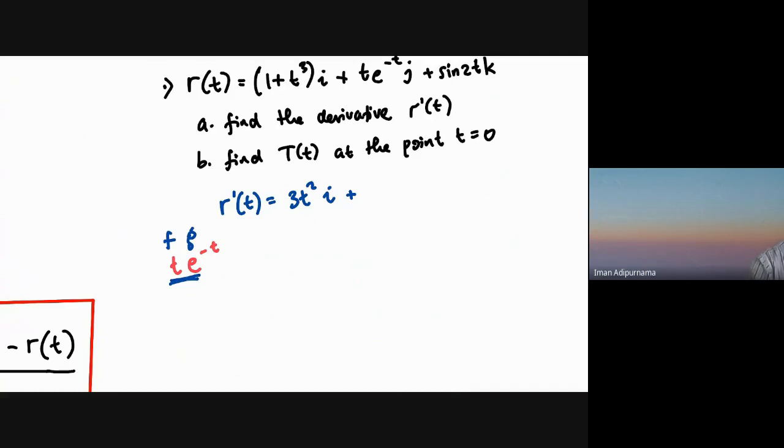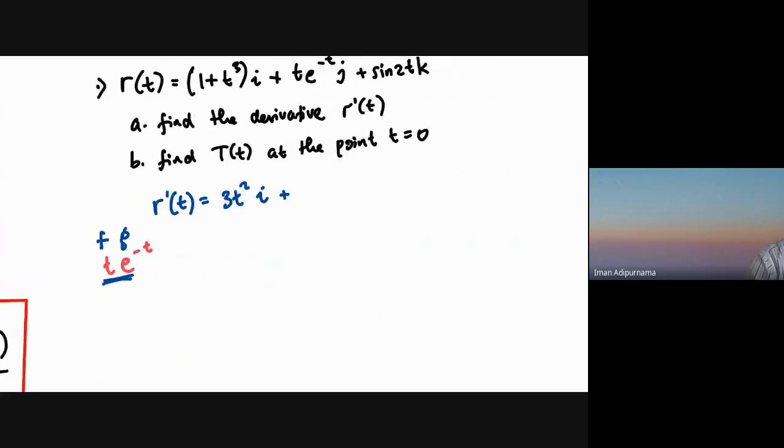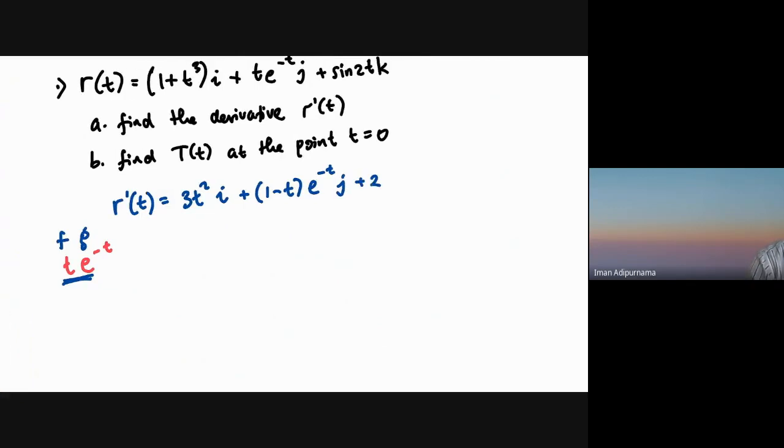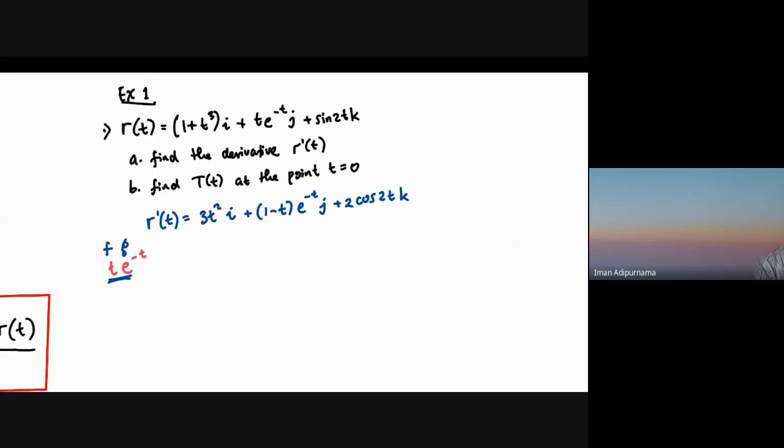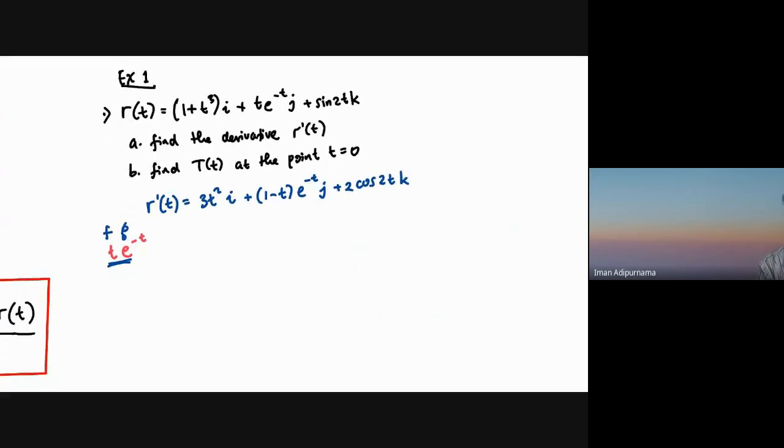I hope you still remember. So I will directly write 1 minus t and e to the minus t j, and plus 2 cosine 2t k. A few of you in the quiz or exam sometimes forget the product rule and the chain rule when you differentiate.